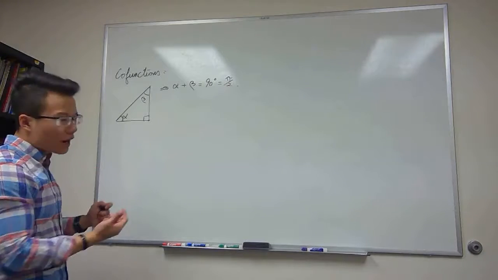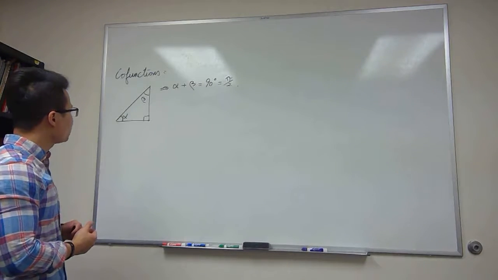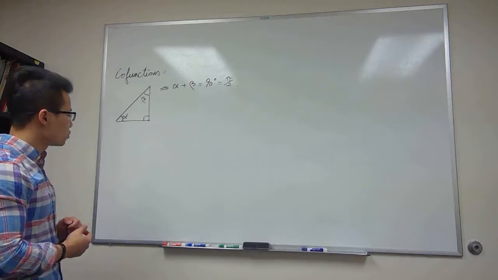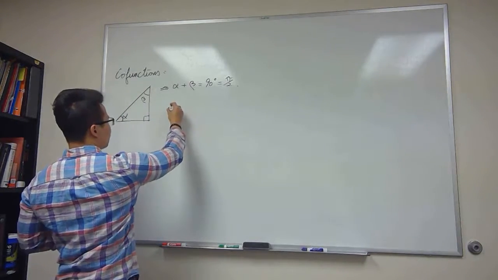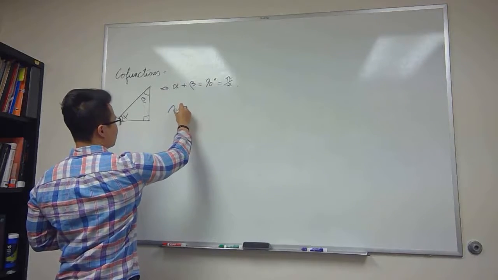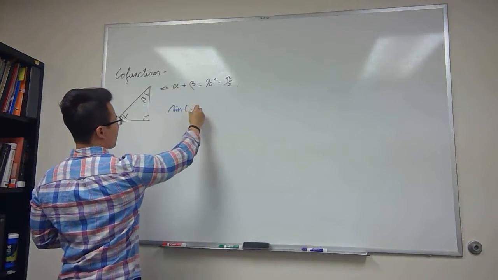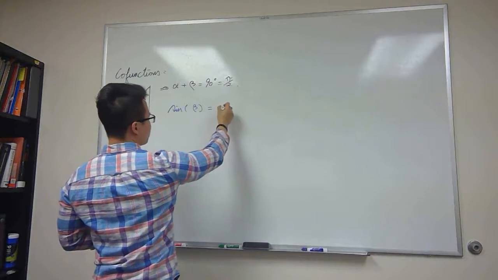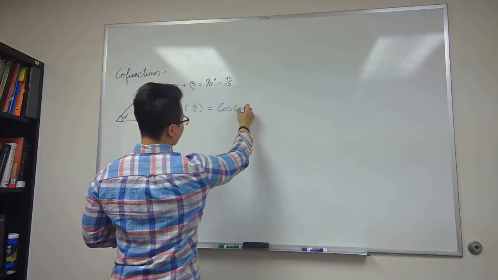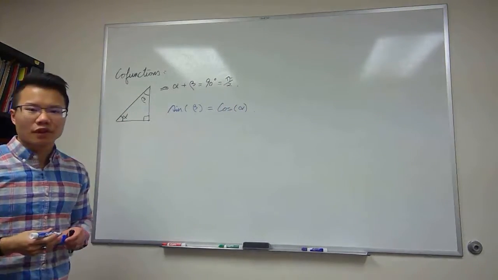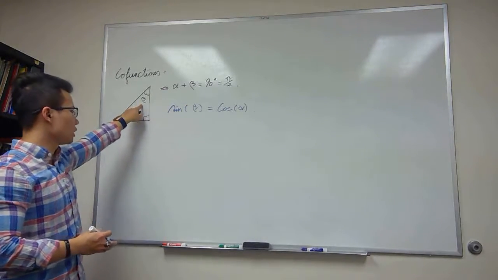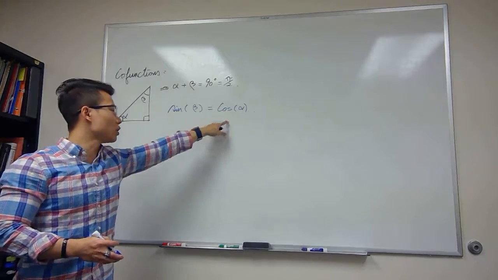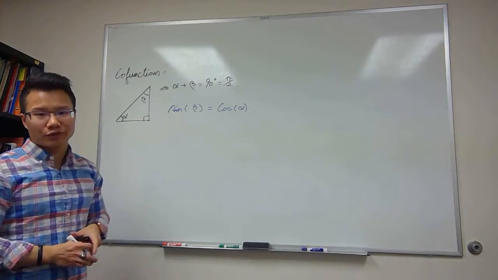To write the cofunctions, if I'm writing sine of beta, it's going to be cosine of alpha. So sine of beta, which is right here, is the same as cosine of alpha right here.